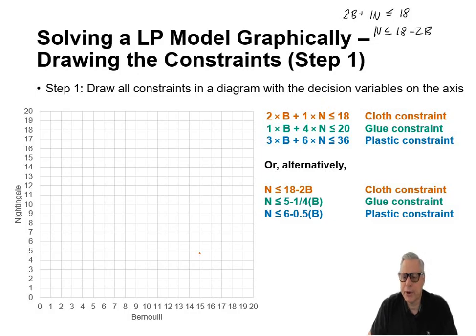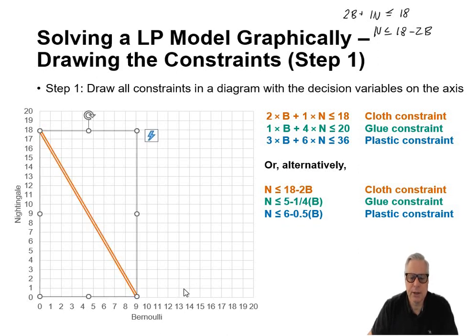So now if we connect 18 for Nightingale and 9 for Bernoullis, then we get the production constraint. So it starts at 18, goes down to 9. And you can see this is basically 18 minus 2b because the slope is negative 2. So now let's see if I can make that a little bit bigger.